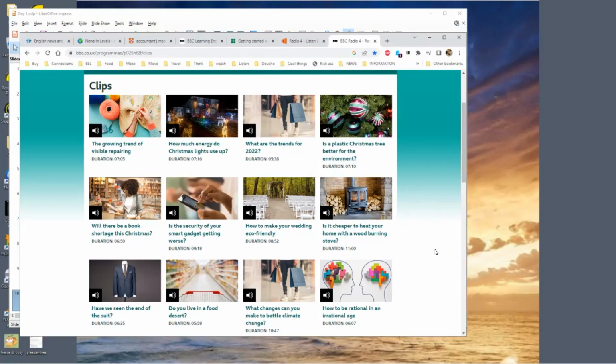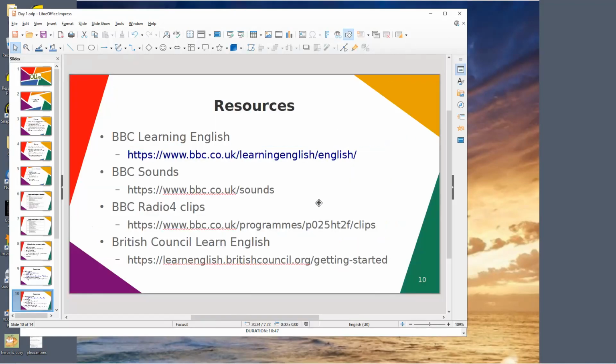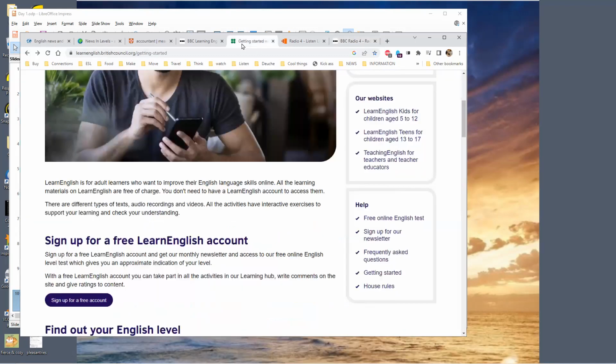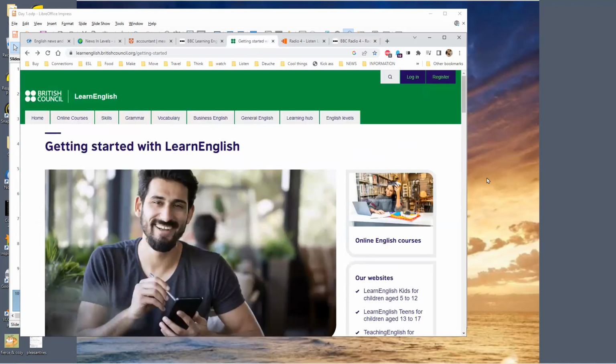So hopefully all of these things will give you ways to keep building your English. There's also the British Council Learn English site, if you haven't found that as well. There's a paid program on here and they constantly refer to it, but there's loads of free materials here as well, and I highly recommend it.